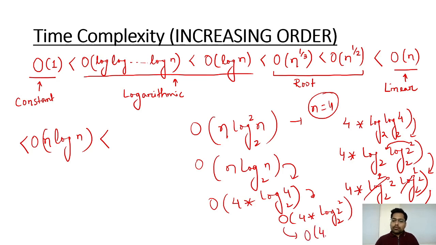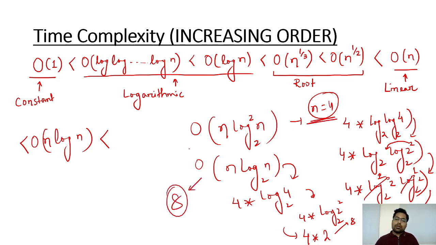Big O 4 into 2, I'm removing big O, sorry. Don't be confused, because confusion will be created easily and we may not get the solution easily. In this case, 4 into 2, and log 2 base 2 is 1, so the answer by applying n as 4 is 8.